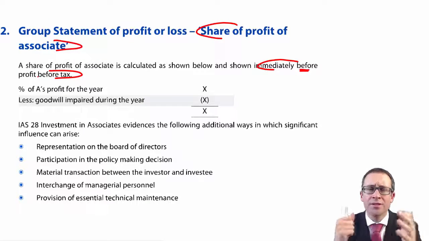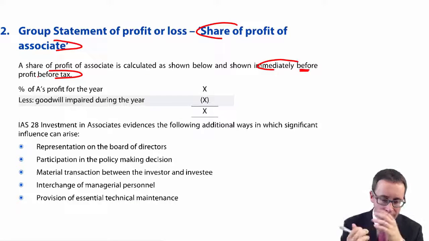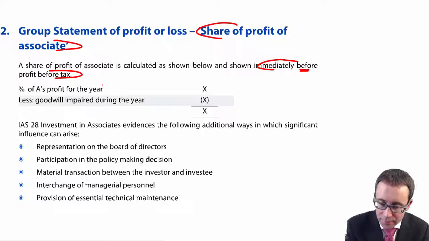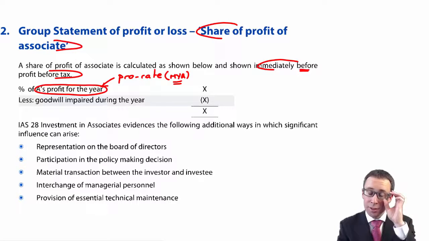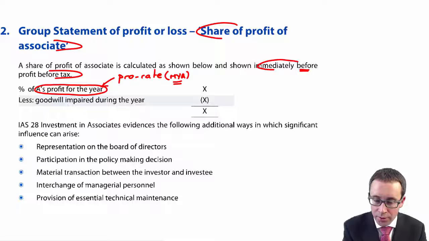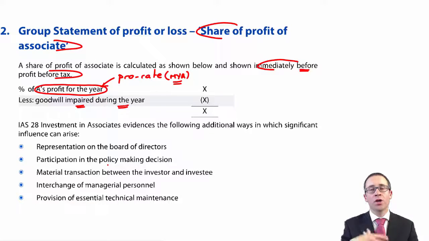And to work it out, it's very straightforward. Again, you just take your share of A's profit for the year. Just be careful, you need to prorate that profit if it is a mid-year acquisition. And then from that figure, you deduct the impairments, but the impairment in the year, not a cumulative effect.